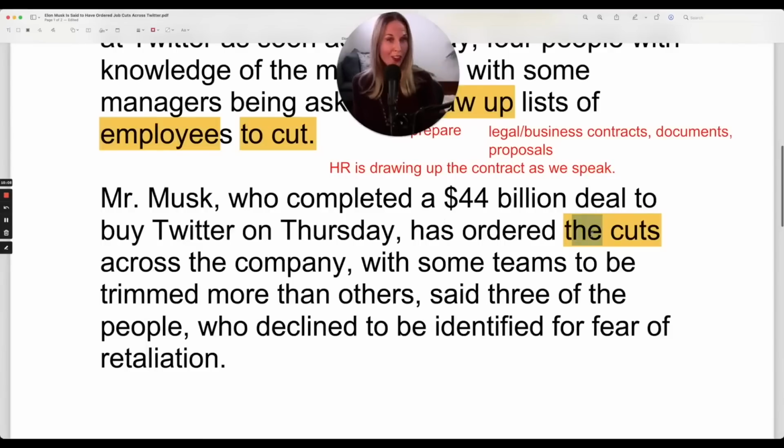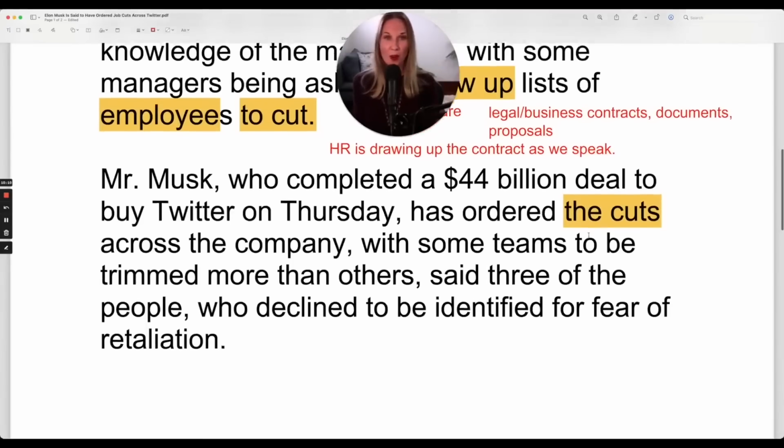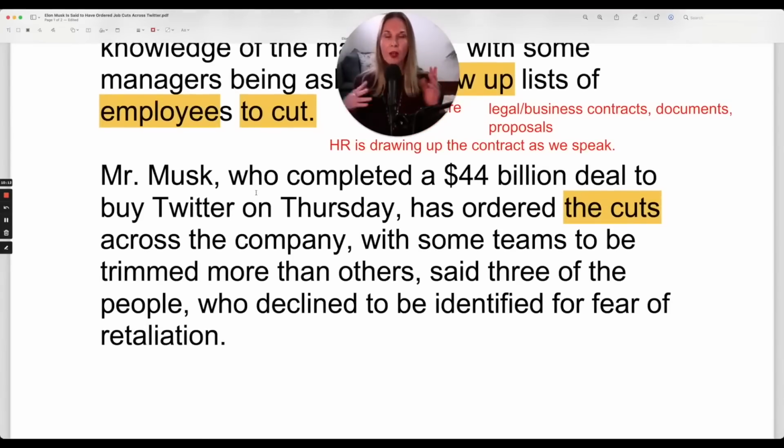But what do we have here? An article, which tells me it's not a verb. This is a noun. So this is talking about it as a something. The cuts, the job cuts. It's a something. So this is a noun, and it's very commonly used as the noun form. The cuts.